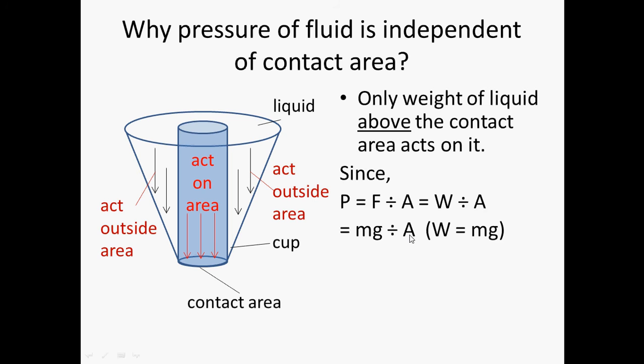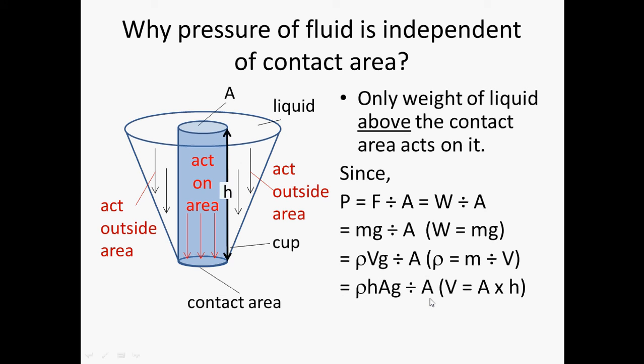Alright, then we can further break down the m into density times volume, because density is equal to mass divided by volume. So mass will be equal to density times volume if you bring this over. So you get density times volume times g, divided by A. Then lastly, you realize that the volume can be further broken down into the height of this column multiplied by this area, which incidentally is the same as the contact area.